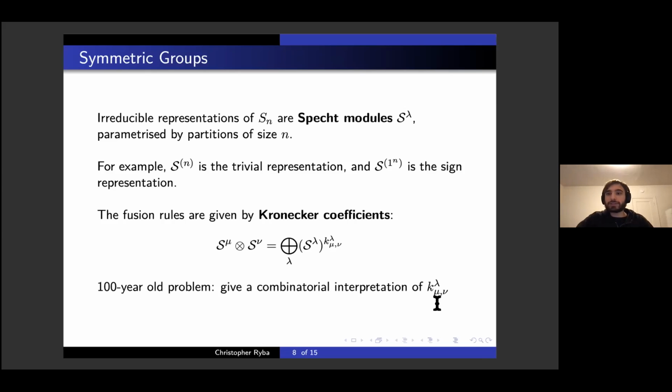People would be looking for something similar to what is known for Littlewood-Richardson coefficients. But actually, there's quite a large difference between them. It's a celebrated result that, for example, you can compute Littlewood-Richardson coefficients in polynomial time. On the other hand, it's been proved that computing Kronecker coefficients is NP-hard. So it suggests that a description of these things has to be somewhat complicated.